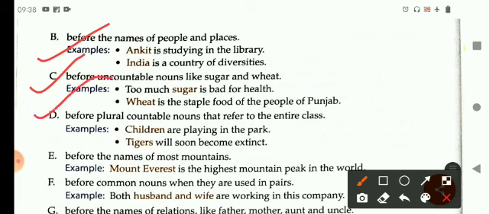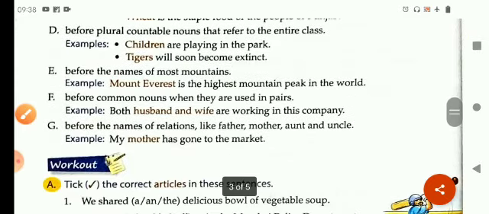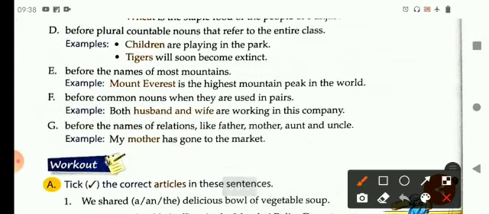We do not use the before plural countable nouns that refer to the entire class. For example, children are playing in the park. Tigers will soon become extinct. Also, do not use the before the names of most mountains, like Mount Everest is the highest mountain peak in the world.